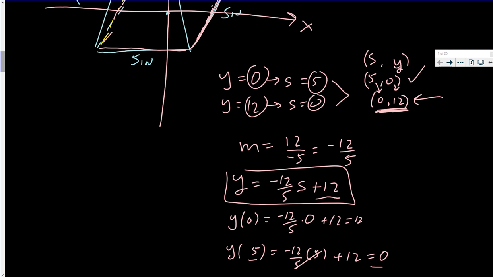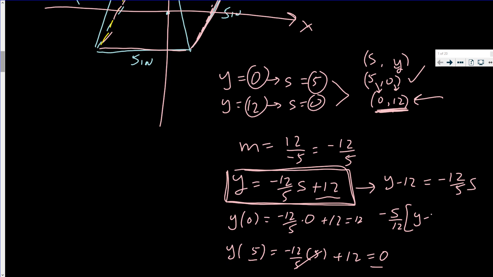Okay, so given s, we know y. We can solve this for s. Well, if you take away 12, you get negative 12/5 s. And then you'll multiply by negative 5/12, and you'll get s.